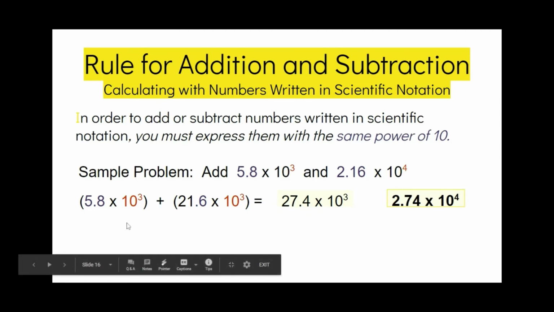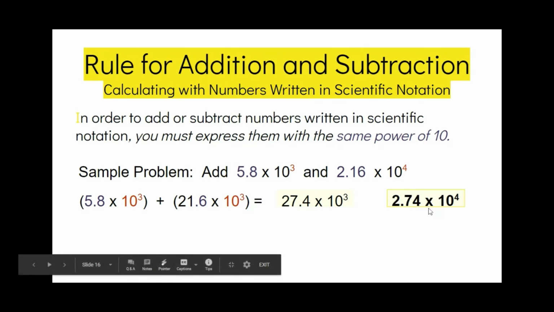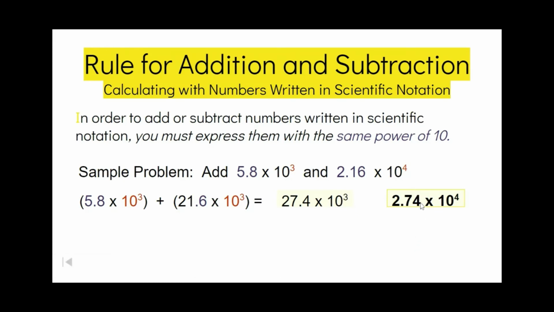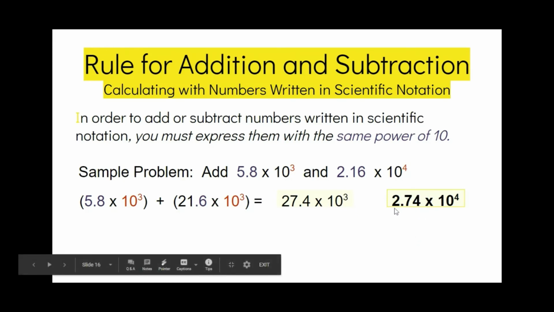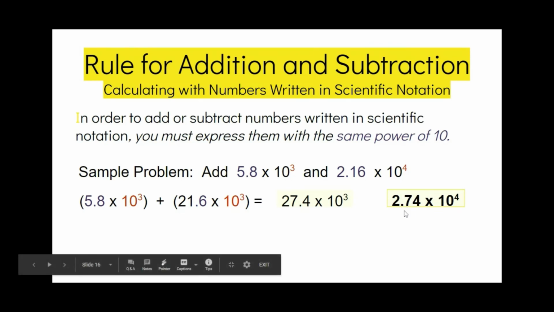And because they now both share a factor of 10 to the third, it's still times 10 to the third. Your final answer, because again, the goal of scientific notation is to make a number as concise as possible, will be 2.74 times 10 to the fourth. Because in scientific notation, your decimal point should always reside behind the first non-zero number.